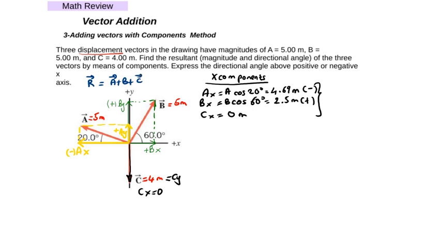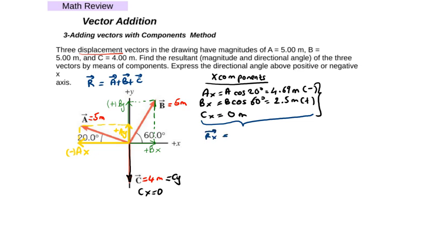Now let me symbolically define the total, we often call it R, the resultant. R is A plus B plus C. This is vectorial addition, so I'm going to give my hats here. And I know that I'm going to add these to find Rx. That is also a vector, right? Let's write it down here.